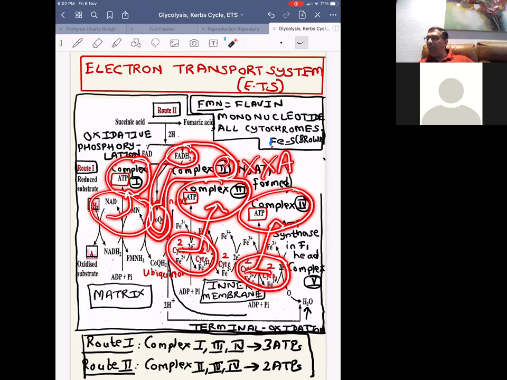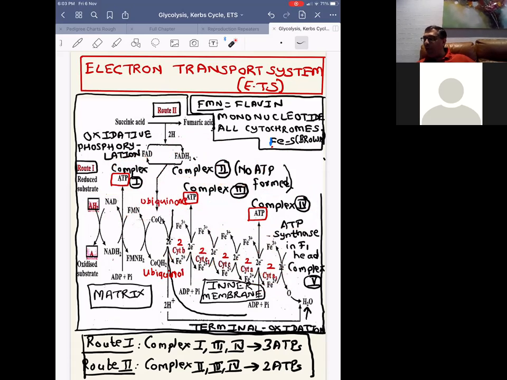So these are 3 ATPs formed, but FADH2 to coenzyme Q, complex 2, does not form ATP. All this we had done, and then I had told you that all this is actually incomplete. The ETS is not complete. Where are the actual ATPs formed?